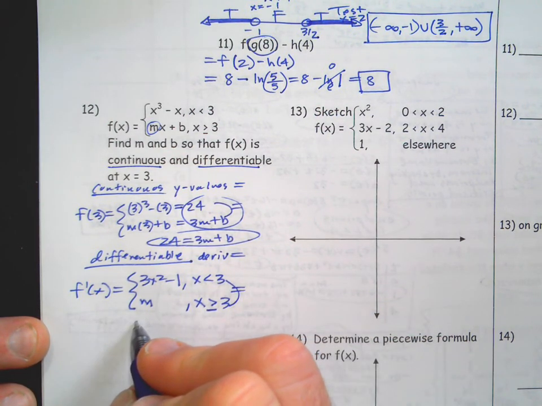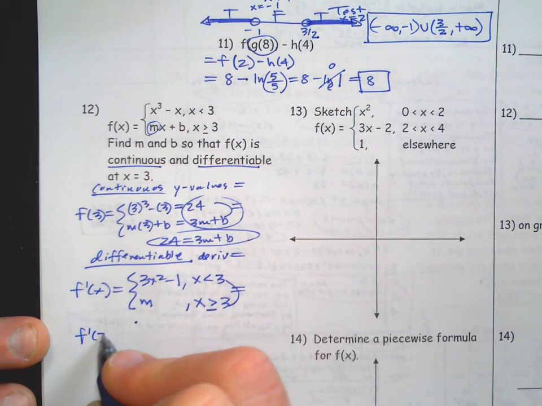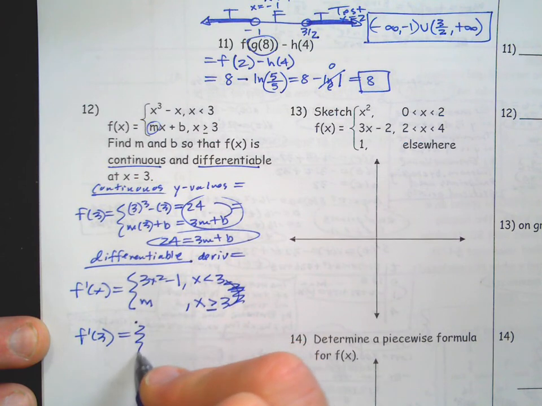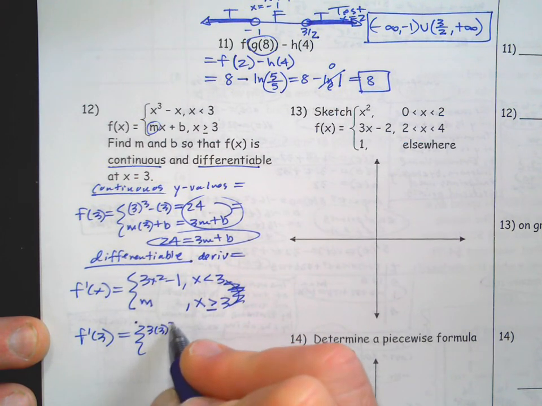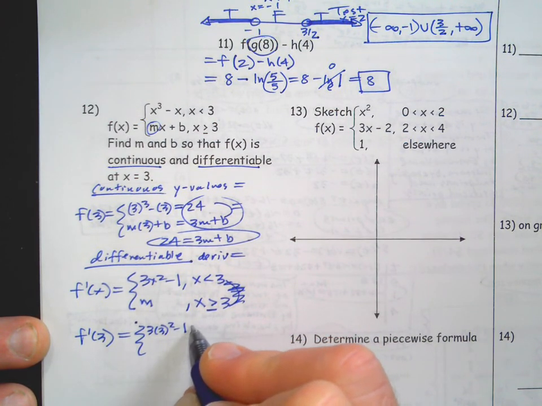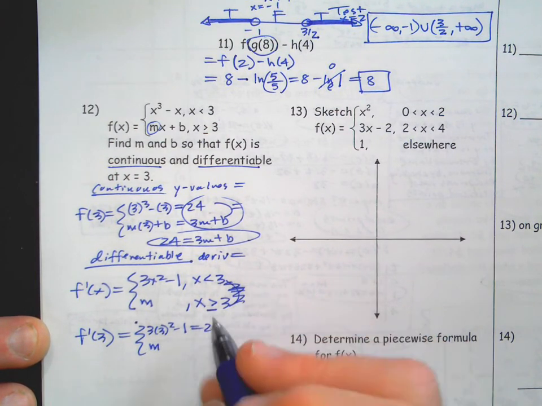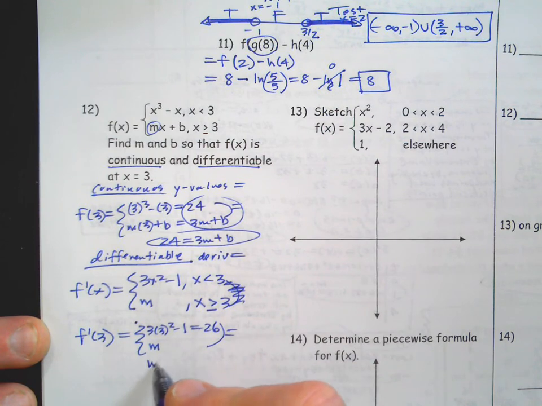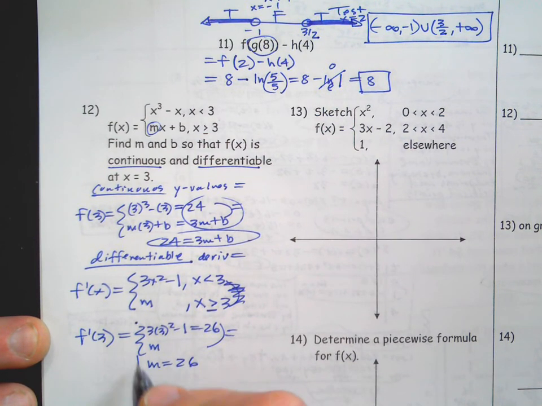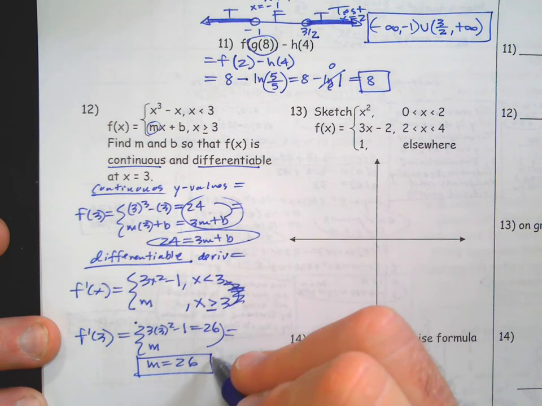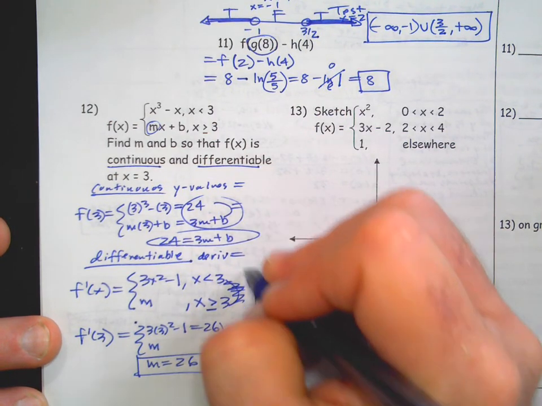So we've got to plug 3 in and then make them equal to each other. You get 27 minus 1 is 26. And plug 3 in, m is just m, and these have to be equal. So m equals 26 is actually one of your answers. So this is an easier system of equations because now we don't have to eliminate anything. It just happened on its own.